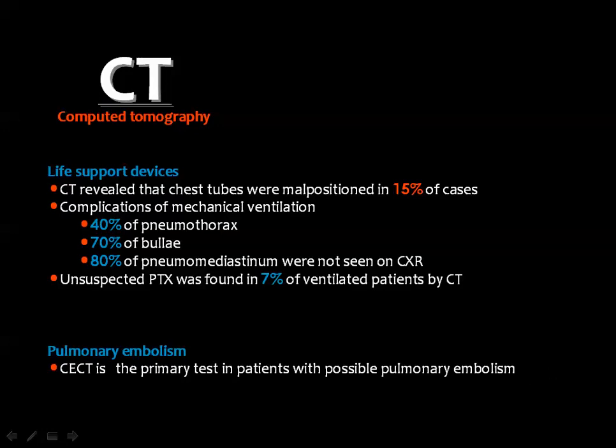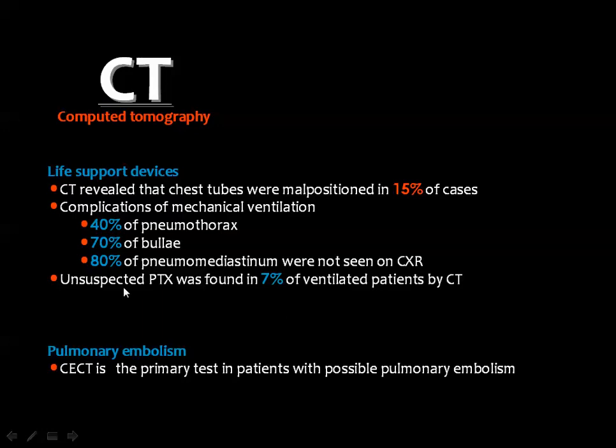Then, in cases of the devices, CT has revealed the chest tube malposition in about 15% of the cases, and they detect the complications of mechanical ventilation: about 40% of pneumothorax, 70% of emphysematous bullae, 80% of pneumomediastinum that were not seen on the chest x-rays.